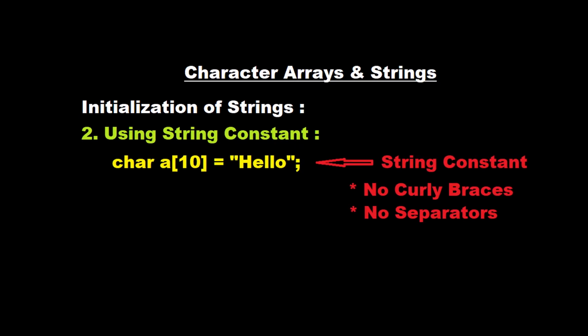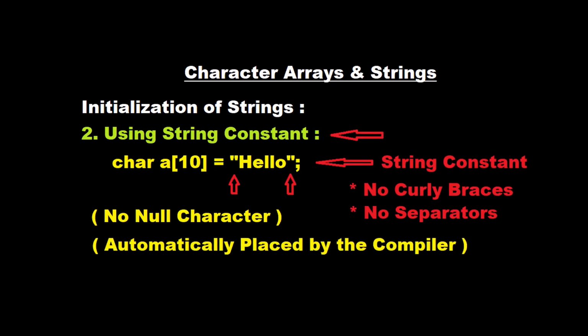We can write the entire string inside quotes. So this type of initialization of strings is known as initialization using string constant. And please remember, in case of string constant, we do not use the null character because the null character is placed automatically by the compiler. We do not have to place it.